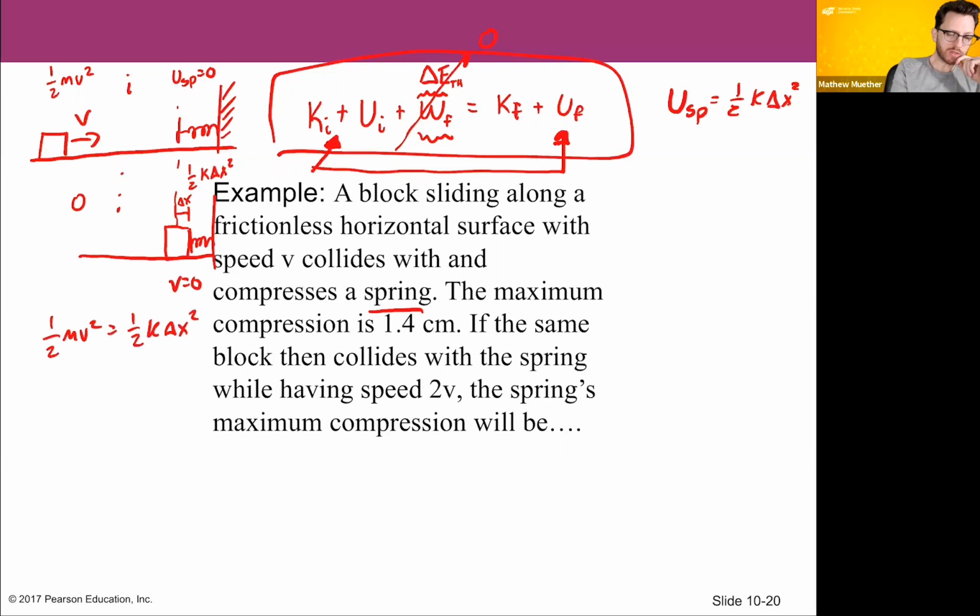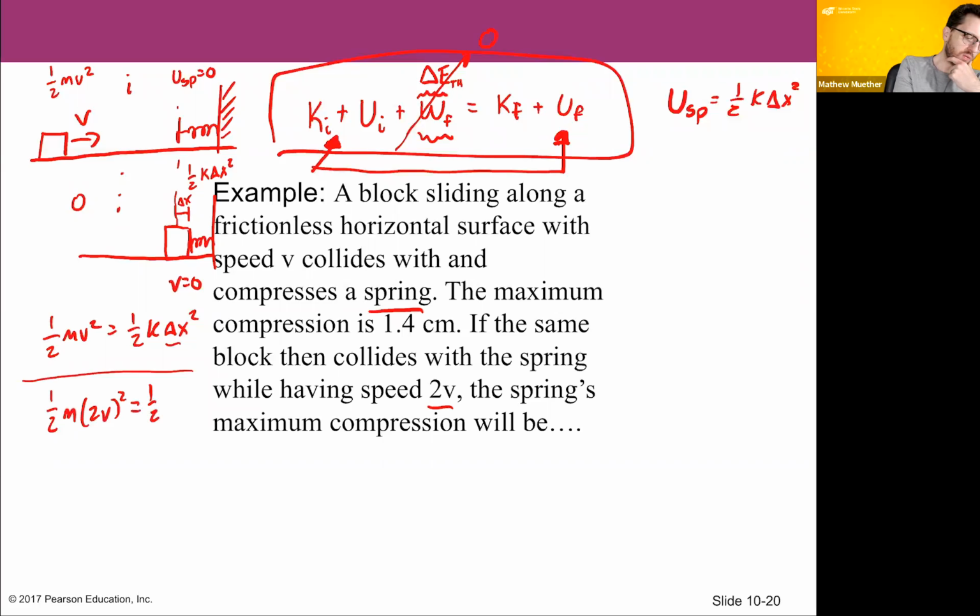So the question is, what happens to the compression, the delta X, if I give the block twice its initial speed? What's going to happen? Well, let's see. If I increase the velocity by a factor of 2, the thing on the right is going to change. This is going to be 1/2 m times twice the velocity squared.